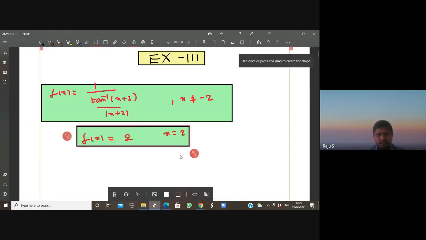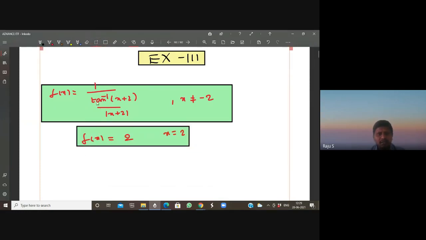See, first I want to find the continuity of this function, tan inverse of modulus x plus 2. In that case, two different cases are there. Modulus x plus 2 is equal to x plus 2 when x plus 2 is greater than or equal to 0, and minus of x plus 2 when x plus 2 is lesser than 0.